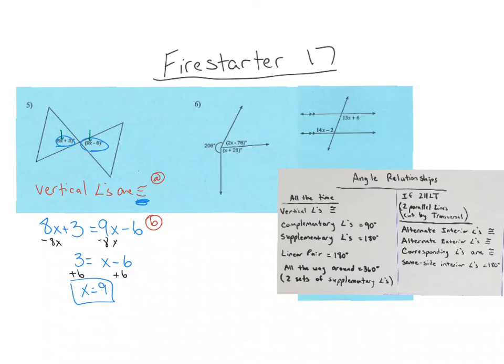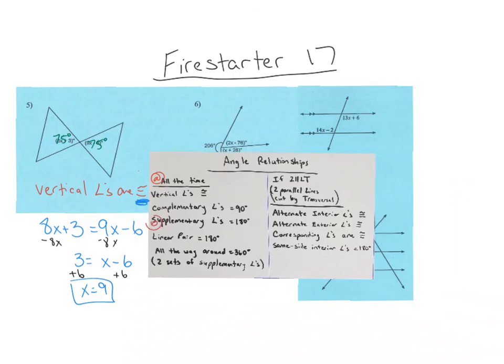So 8 times 9 is 72. 72 plus 3 is 75 degrees. So the left side, I plug it in, I end up with 75 degrees. Now I'm doing the same thing with the right side. 9 times 9 is 81. 81 minus 6, 75 degrees. See how they're the same? Good to go. All right.